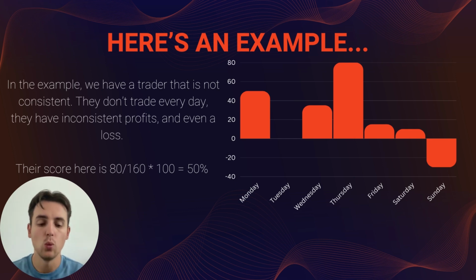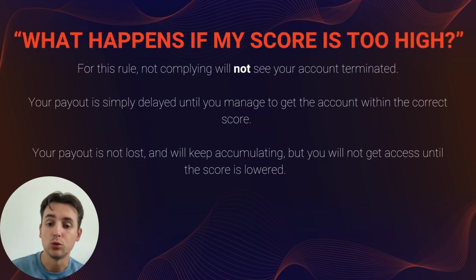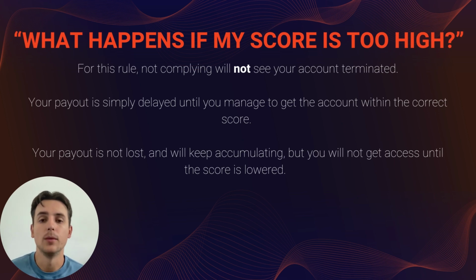So I'll tell you now what happens if your score is above the 25%. For this rule, not complying, i.e. breaking it, does not lead to account termination. We want it to be more lenient and also more encouraging of traders to remain consistent. So what happens is that simply your payout is delayed until your score lowers.